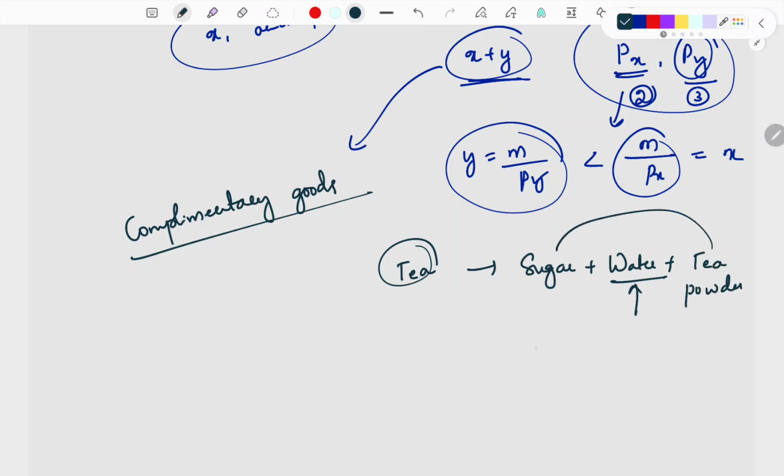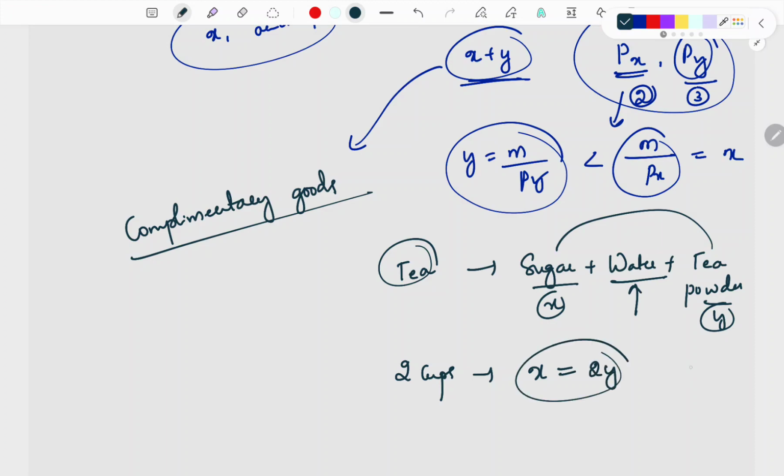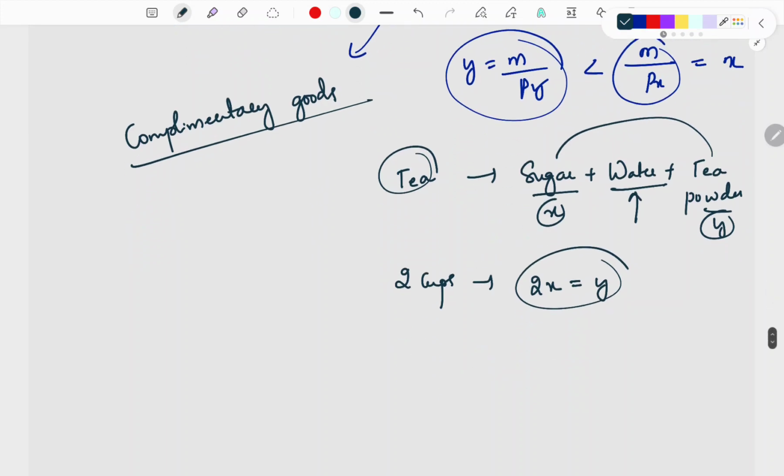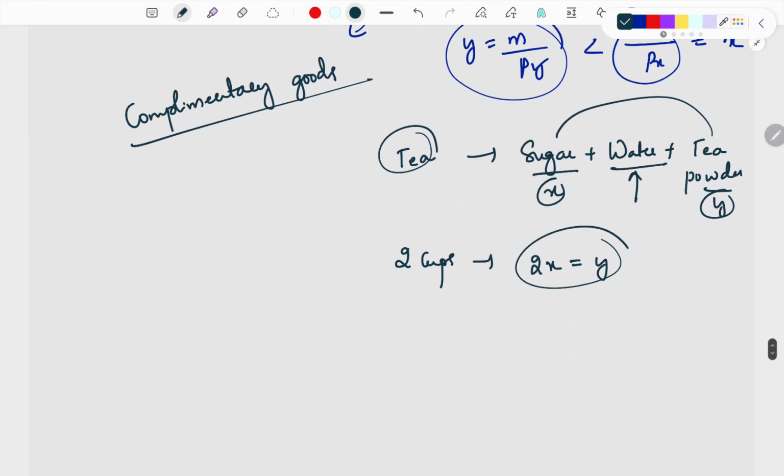Now, with tea powder and sugar, if you want 2 cups of tea, you use a certain amount: x quantity and y quantity. For every x you use 2y amount of powder, or you can say it's not 2y but 2x, and you are using y amount of tea powder, in a certain ratio. That's what I'm trying to say here. In a certain ratio you will use that.